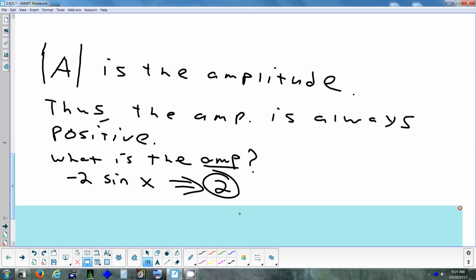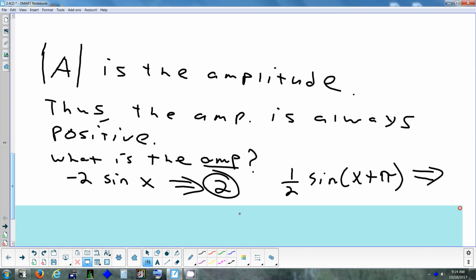What about, let's do the amplitude of 1/2 sine x plus pi. What would be the amplitude of 1/2 sine x plus pi? Yep, Kate. We shift it to the left a little.